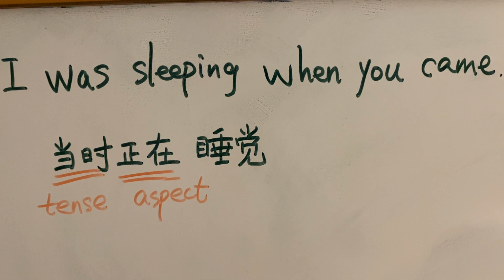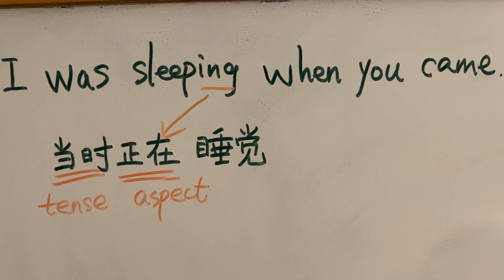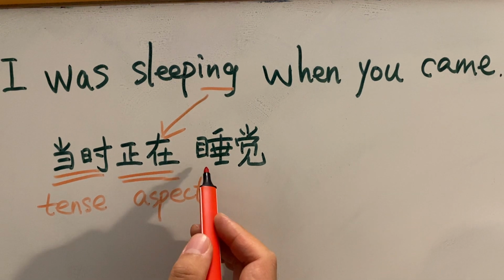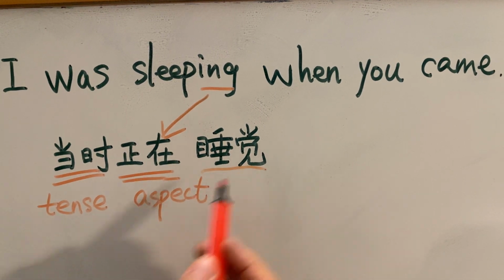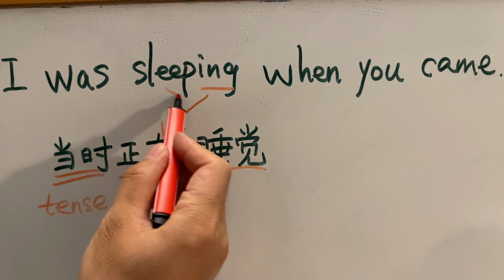To be exact, this ing can be translated into 正在. This ing is the aspect of the sentence. It shows the continuance of the action. And 睡觉 means to sleep.